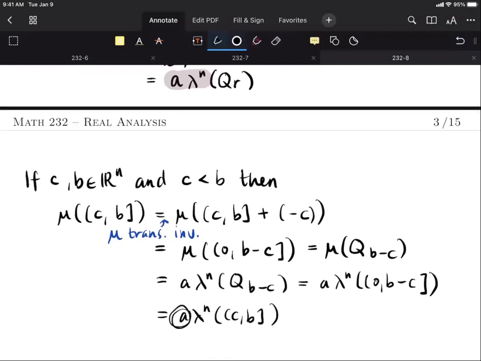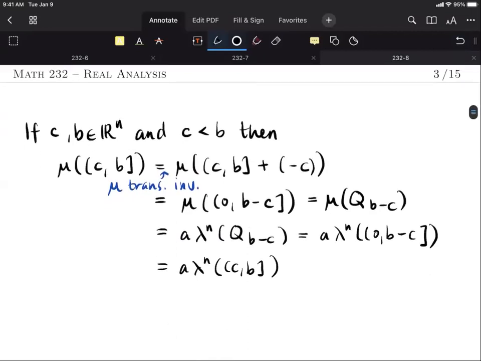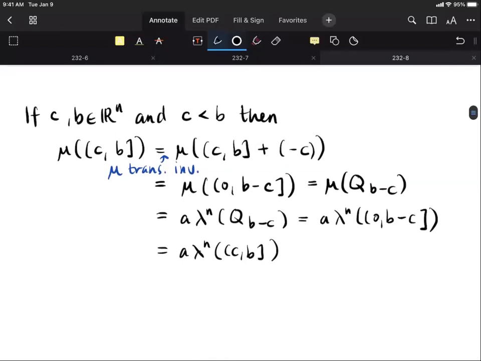So not to be confused with this coefficient here. Again, we have verified that mu is equal to a lambda_n for every cell in R^n. And by the uniqueness theorem, since these two measures coincide on the cells, and the cells generate the Borel sigma algebra, we can conclude that mu is equal to a lambda_n.